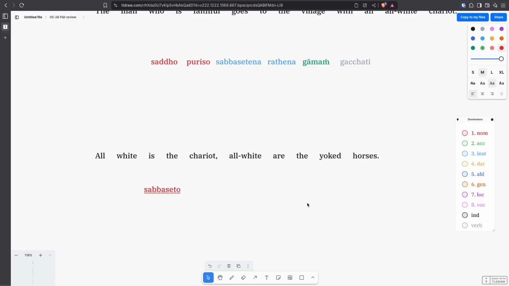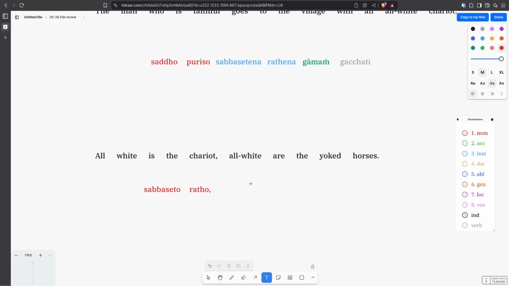That's right, and it will be nominative. Sabbaseto Ratho. That's right, and so this is the nominal clause that we were talking about before. You could imagine a hoti there, but this is implied.